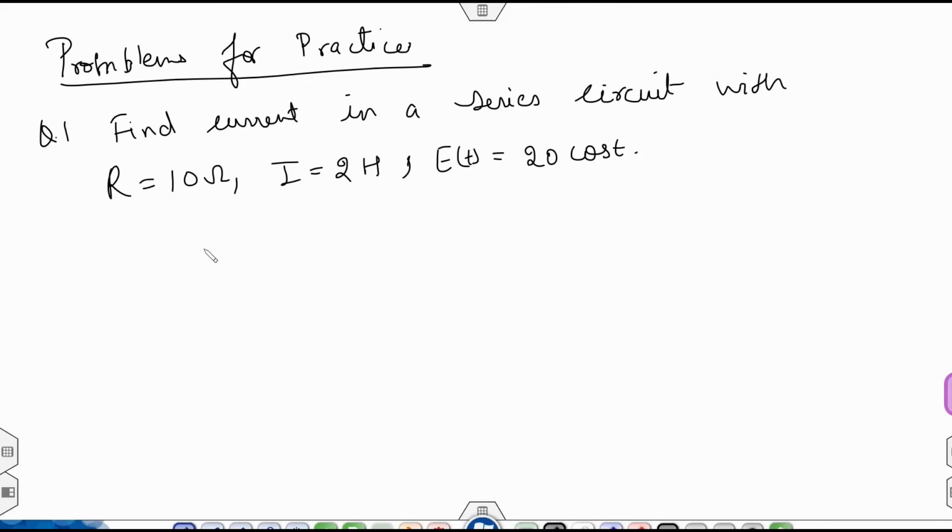I'll give the solution. Your answer will be I(t) equal to cos of 5t plus sine of 5t minus e to the power minus 5t.